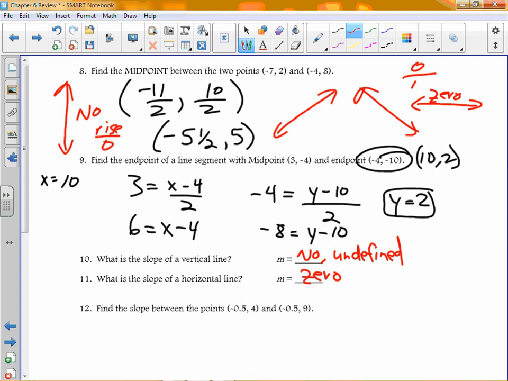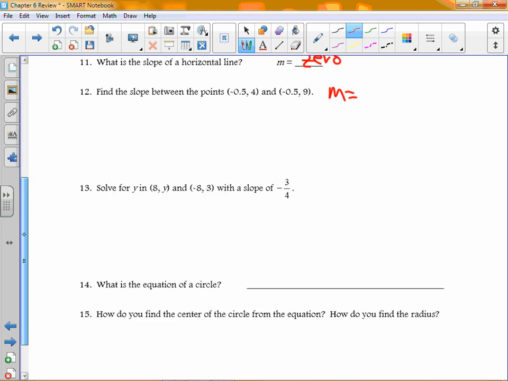All right. Next question is find the slope between the 2 points. When you find the slope, you have to know the right formula to use. The only mistake we can make here is we forget what formula to use, or we try to get the numbers turned around. So if I want to find the slope between 2 points, I have to remember that my y's go on top.